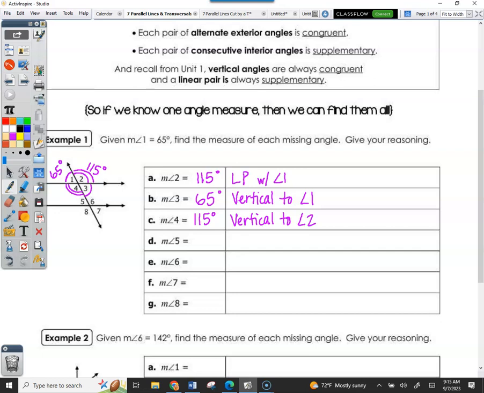Think of the video from the beginning. Yes, it's angle 5. So angle 5 needs to measure how many degrees? 65 degrees. And we're going to say correspond, I'm going to abbreviate corresponding. Corresponding angle to 1.